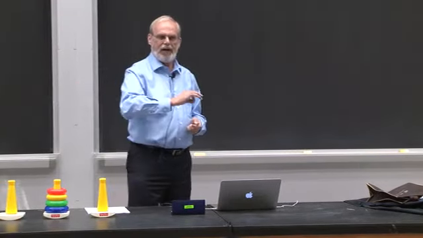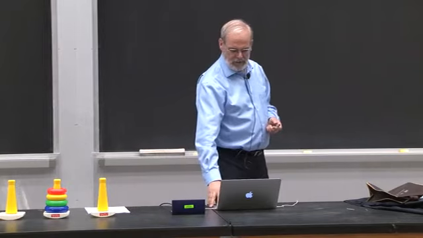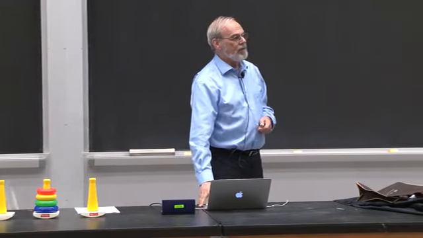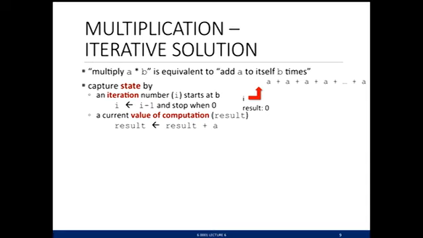And yeah, I know you could just do a times b, but this is trying to get this idea of how would I do this iteratively. So I might start off with i saying there are b things still to add, and the result is 0. The first time through the loop, I add in a, reduce i by 1. Next time through the loop, I add in another a, reduce i by 1, and you get the idea. I just walked down it until eventually I got to the end of this computation.